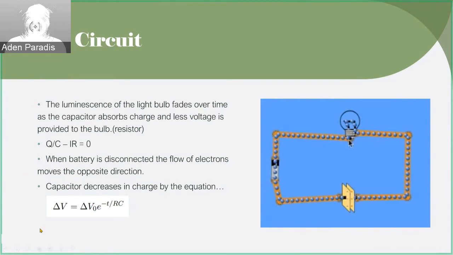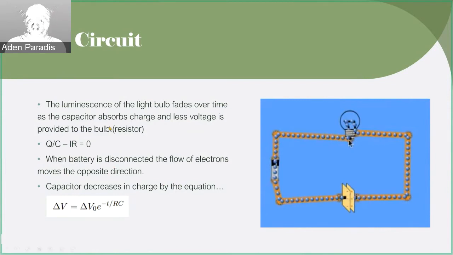Actually, no, sorry. This equation here is for when you disconnect the battery and the charges flow the opposite direction. The capacitor will begin to decrease in charge, and the light bulb will start to increase in luminescence.